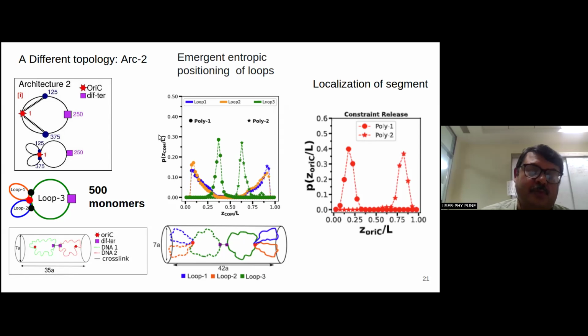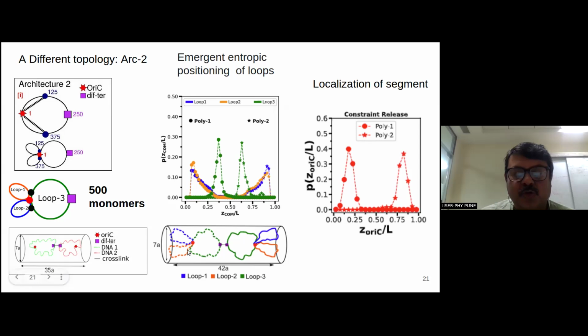So what I'm plotting is the probability distribution of the center of mass, COM, of this loop 3, which is here. And for the other polymer, which is denoted by stars, again, the big loop is here. So this is simulation data. And from this data, you can guess that this polymer is organized like this.